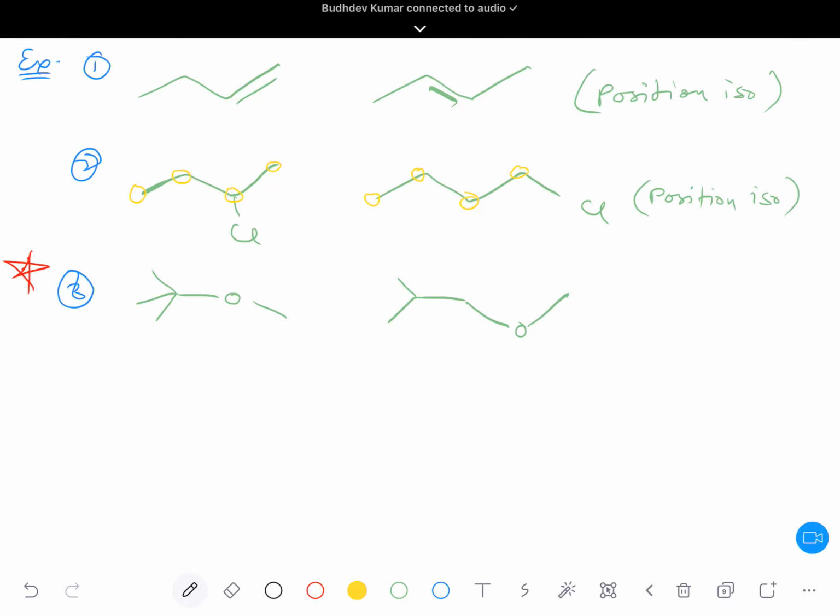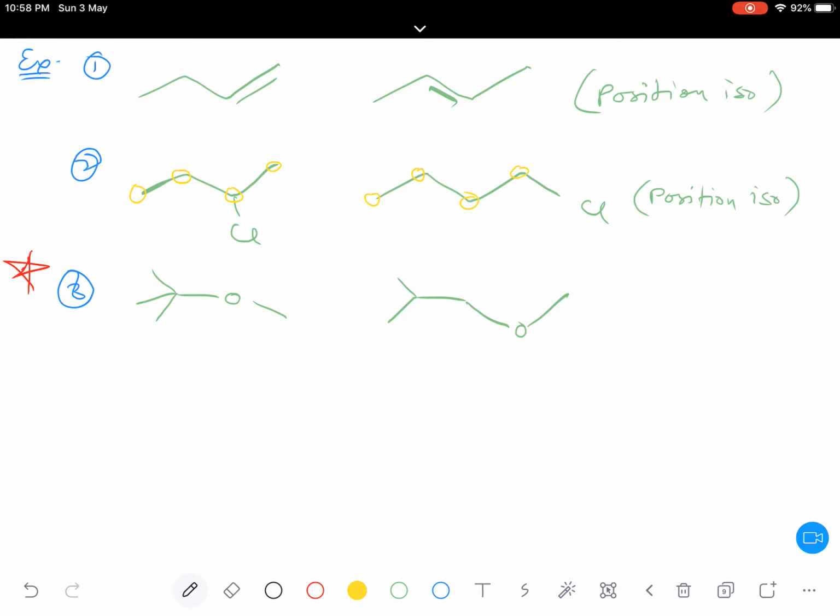I'll just say the names again: nitro, halo, alkyl, or alkoxy. They are always used as substituents. They are not used as functional groups. Okay, so here the name you will write as methoxy. That will be used as the substituent.